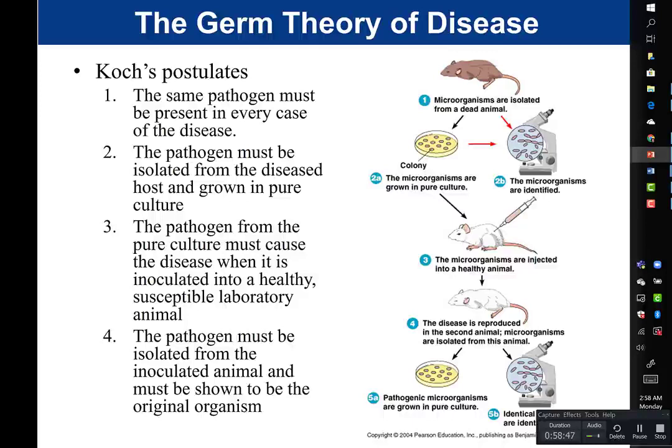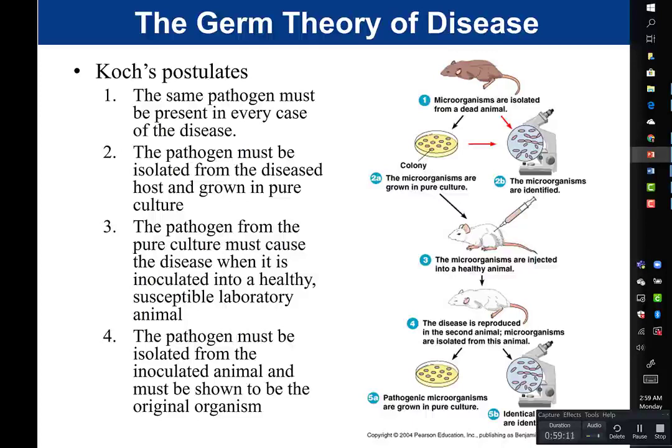So again, in step 2, they isolated the bacteria and then they inject it into a healthy host, and you're looking for, does it cause disease? And the last part of this is that the pathogen must be isolated from the inoculated animal and must be shown to be the original organism. So that's step 5.